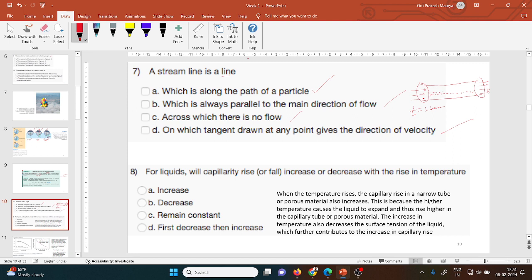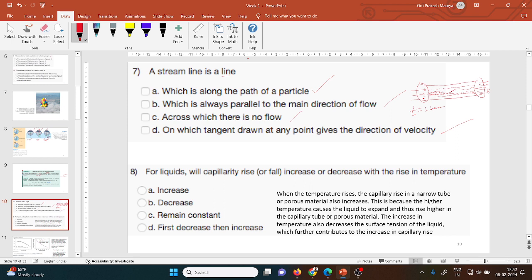If you connect all the particles or draw a line, what will you see? You will see a line. This line gives you the streamline, and all particles have velocity. This particle has velocity, this particle has velocity. Let us suppose your water is flowing not very straight but curved in the channel or pipe.